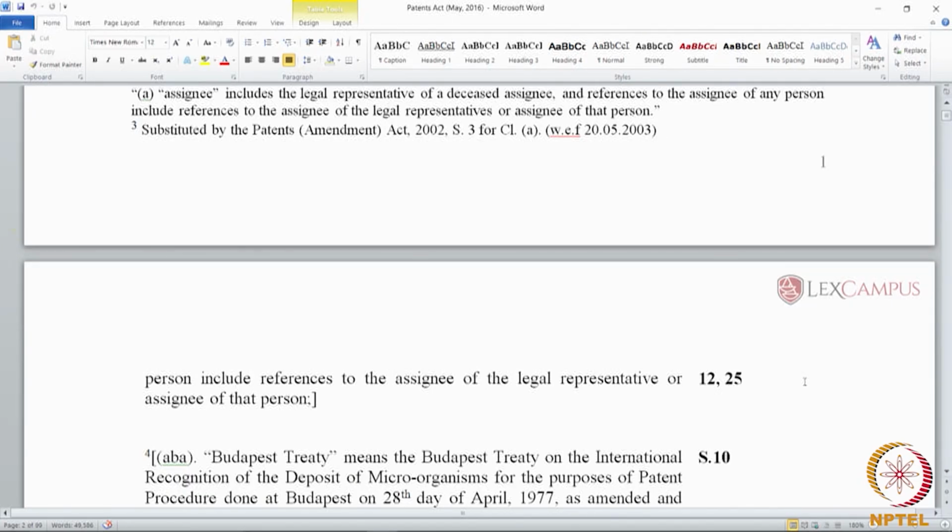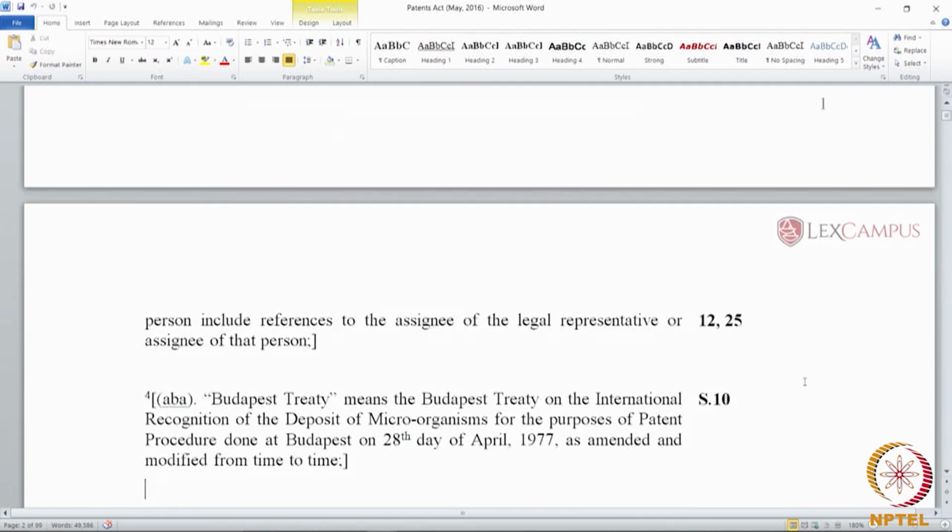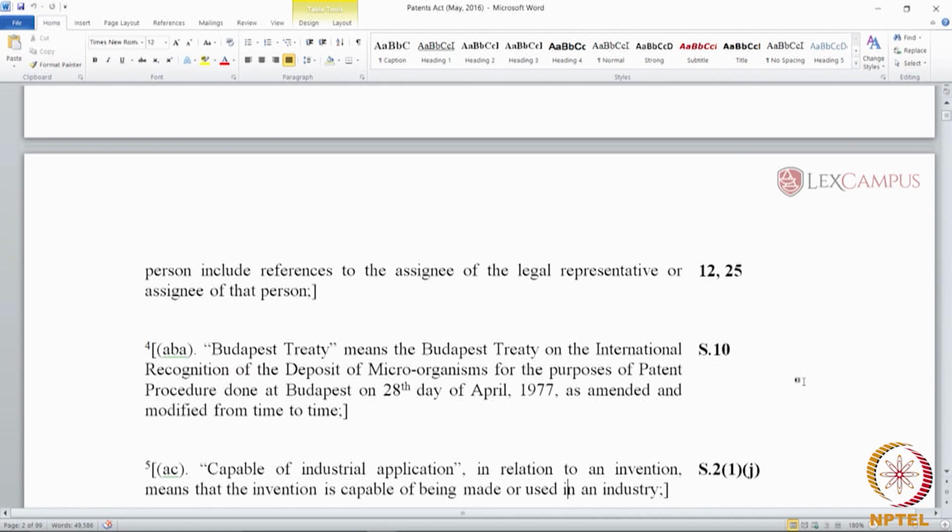Now, this is a special definition. It goes beyond the normal understanding of assignee because it talks about the assignee of a legal representative. Similarly, Budapest Treaty is mentioned.